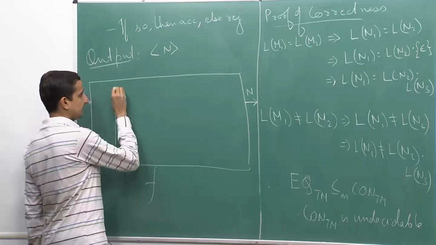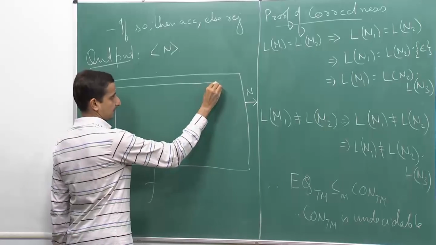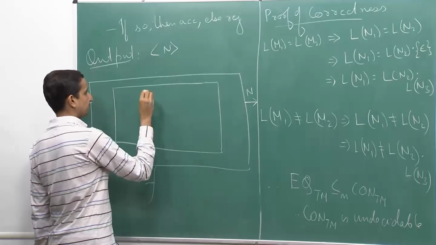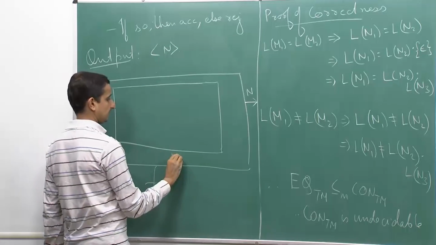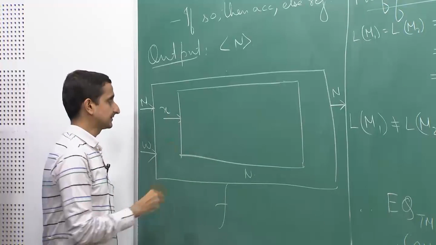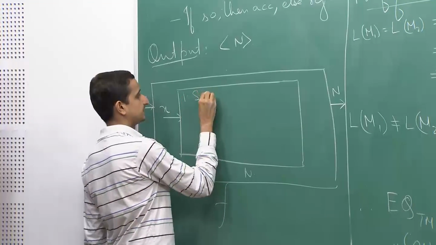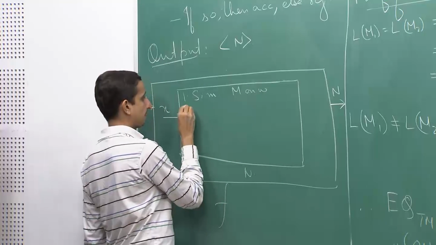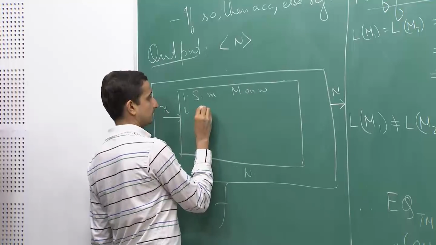Now, how does it define n? This machine n is defined as follows. It takes as input x. First it simulates m on w.